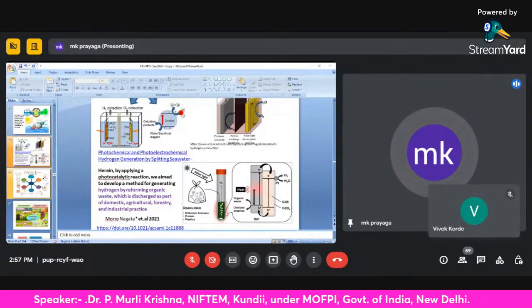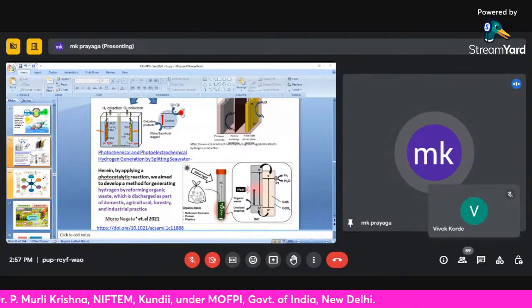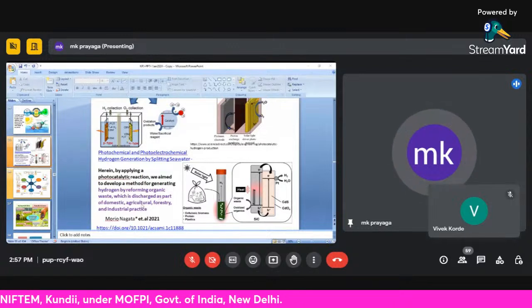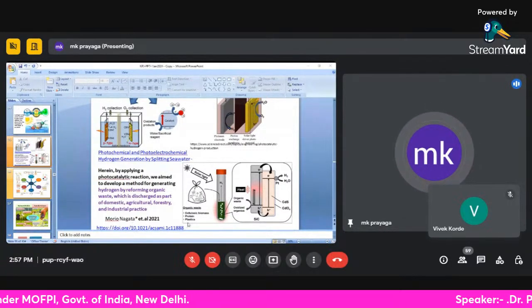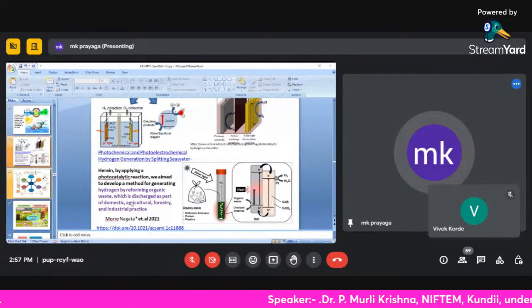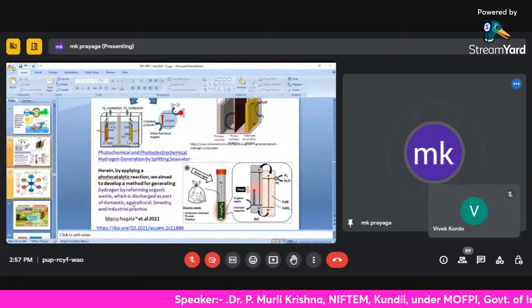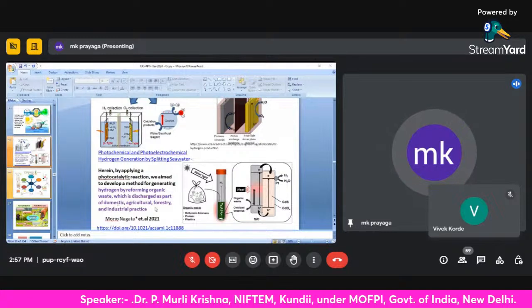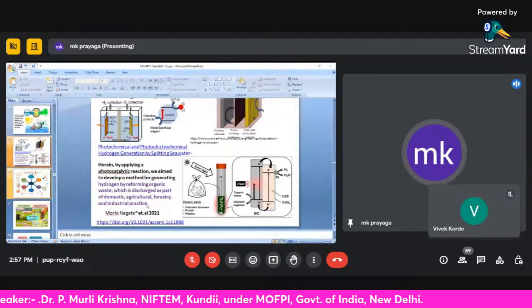So this is one of the interesting areas, which is why I'm showing it here. You can find applications using this. Of course, it is a dual application: we get green energy and we minimize solid municipal waste. So both will be applicable in waste technology as well as energy consumption.